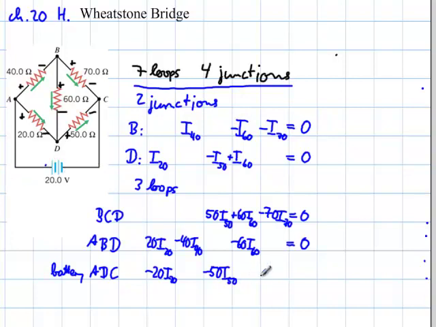Whoops, it wasn't supposed to be a point, but I have plus 20 volts, and that equals, again, I went all the way around, 0. Of course, there's no space for the 20 volts here. Notice that everything on the left-hand side is in currents, so I'm going to take the voltage to the other side, and I'm going to write there negative 20 volts.